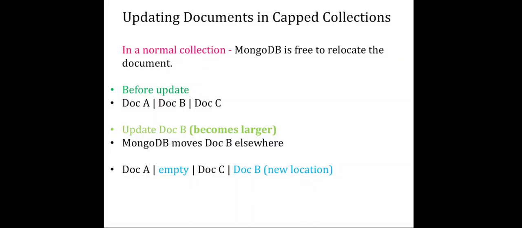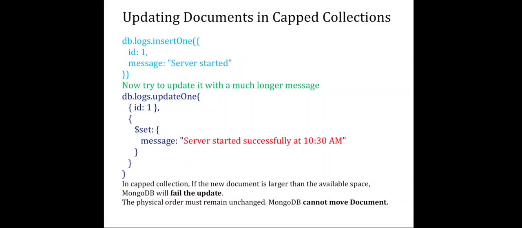Since normal collections allow document relocation, larger updates are not a problem. However, this is not allowed in capped collections. Capped collections preserve the physical insertion order. MongoDB cannot move documents to another location because that would break the sequential storage order.